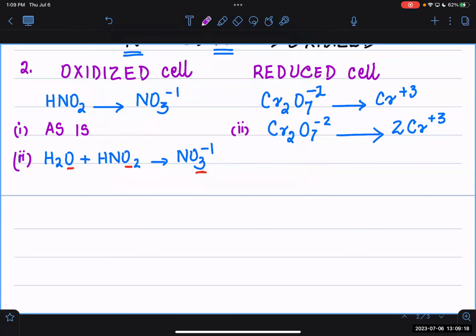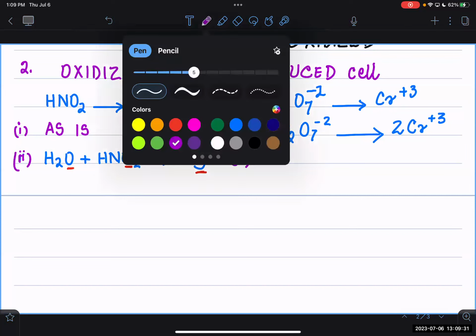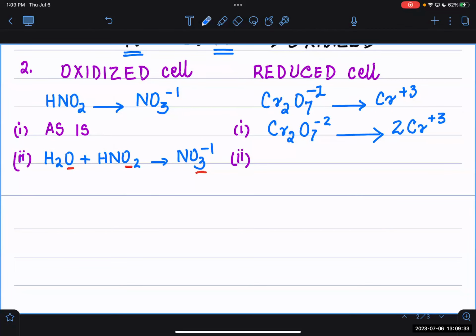Now, let's look at the next one. In this case, also, we are going to balance the oxygen. So here, how do you balance the oxygen? There are 7 oxygens on the left-hand side. How can you balance those 7 oxygens? By adding water. Oxygen is always balanced by water, okay?